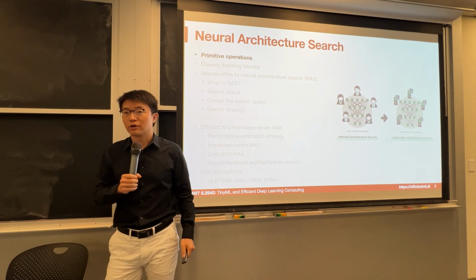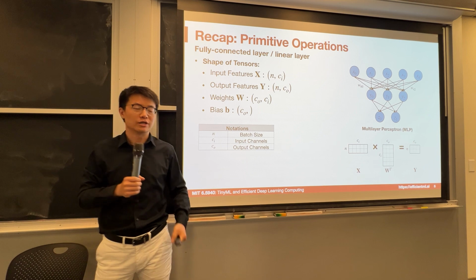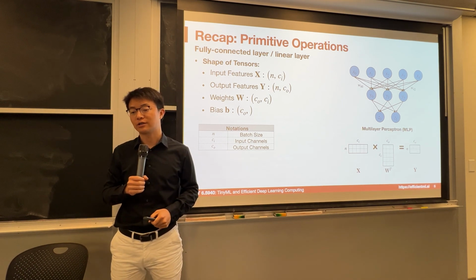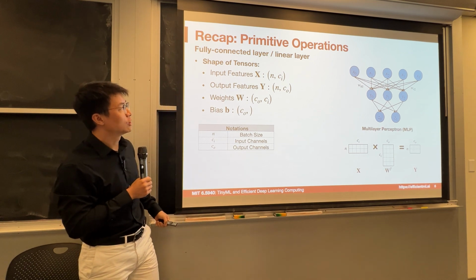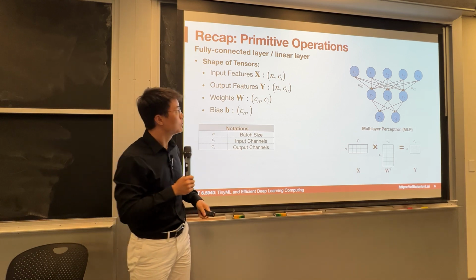Okay, so let's start with the basics, the foundations of primitive operations. This is a recap since we introduced them in the first lecture, in the introduction lecture, which is lecture 2. So I'm going to go through them relatively quickly, starting with the fully connected layer.